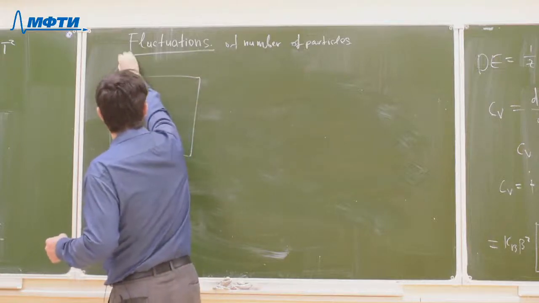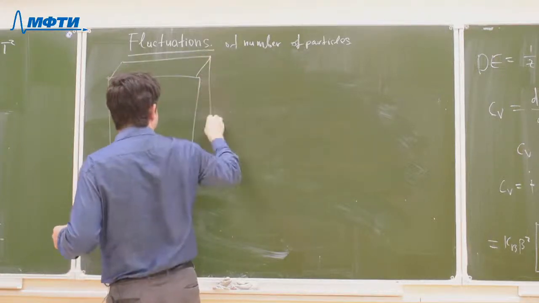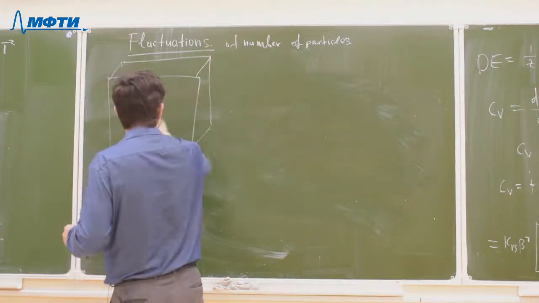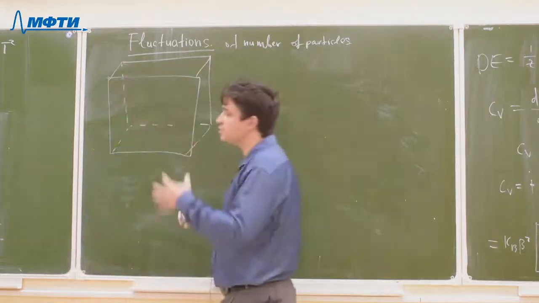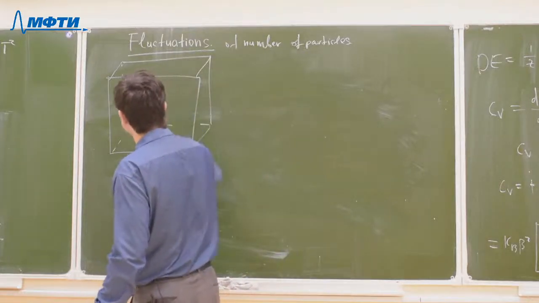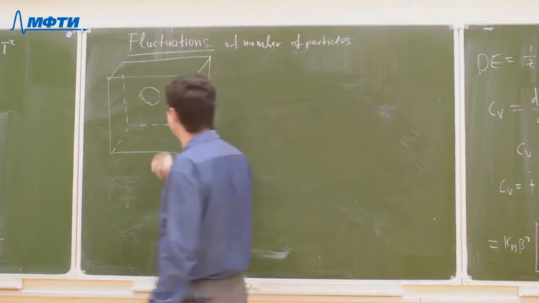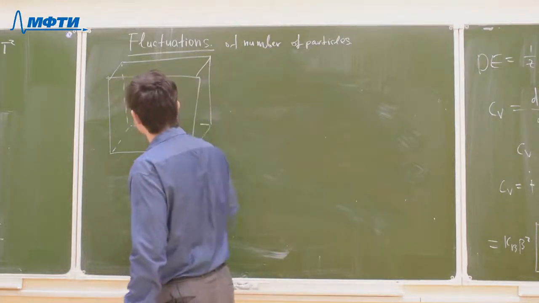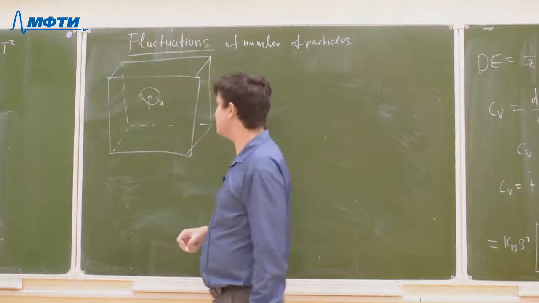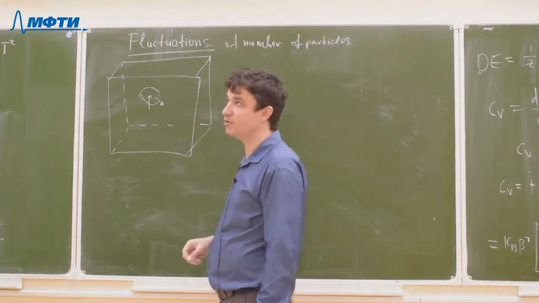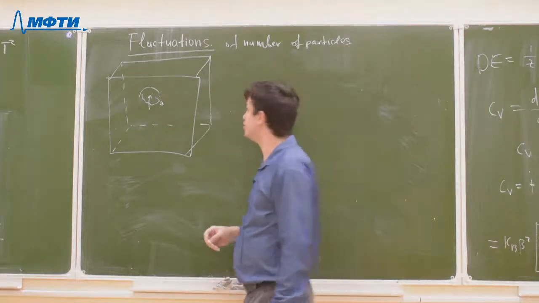So this is the vessel. And inside this vessel, we select a certain volume. And particles can get inside this volume and get outside. So as a function of time, the number of gas molecules inside the selected volume is a random number.